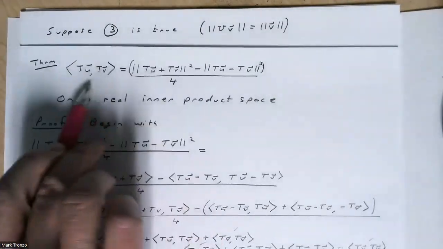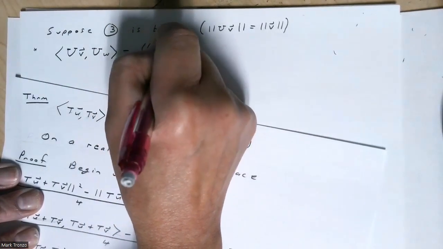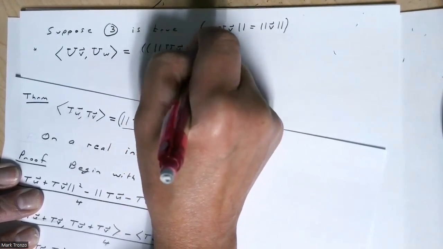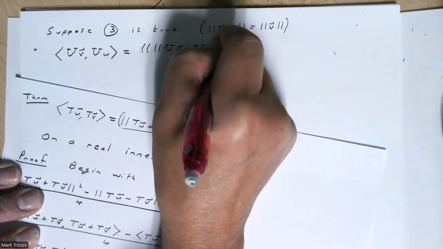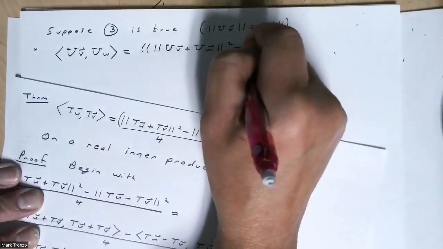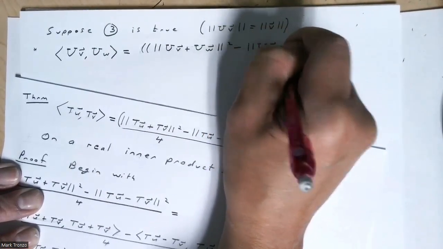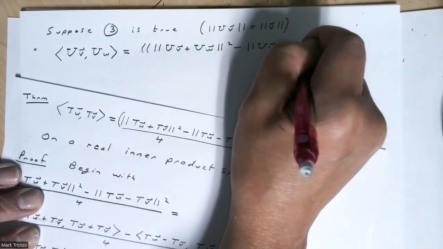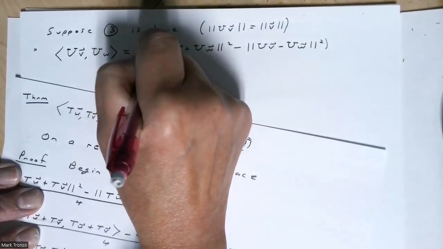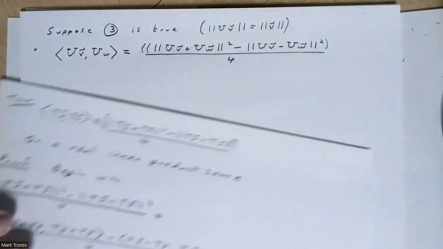We're going to use this relationship right here and say that UV plus UW squared minus UV minus UW squared, all over 4.